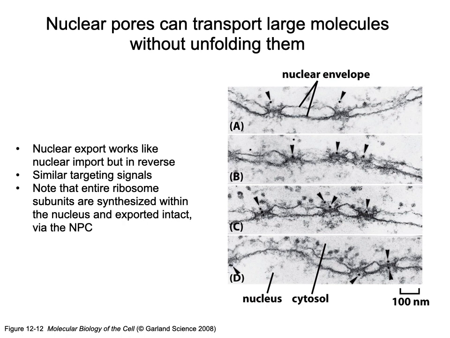On the other side, there is also a fibril basket that they get caught in. Export works very similarly, just in reverse, and it also requires a targeting sequence for export out of the nucleus. Ribosomes, for example, can be synthesized within the nucleus and then exported intact through the nuclear pores, so there is some flexibility in the nuclear pore.